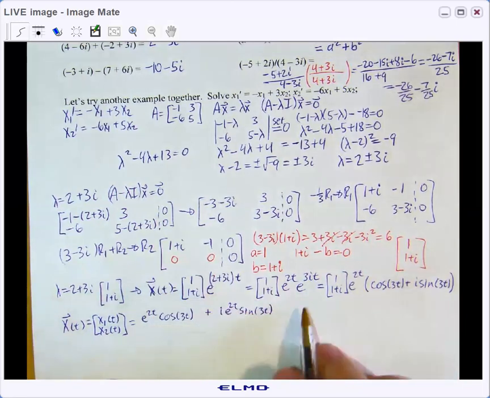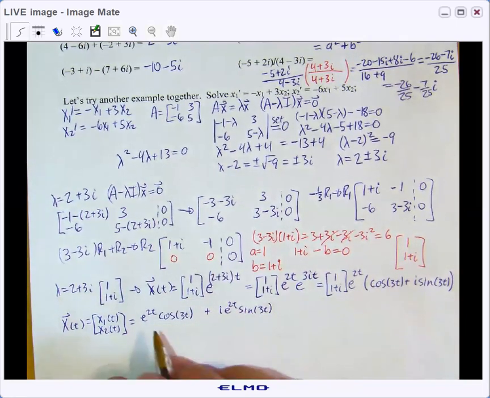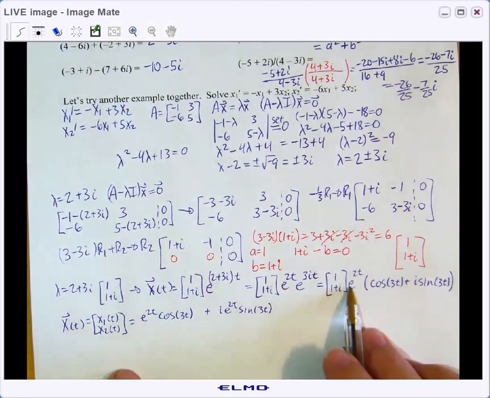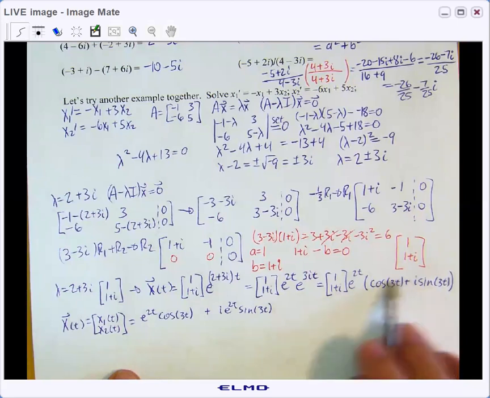And then for the bottom one, this one's going to get a little bit longer, but we can do this. We're going to have to multiply through here because we have a complex number times another complex number. So let's do the real part first.